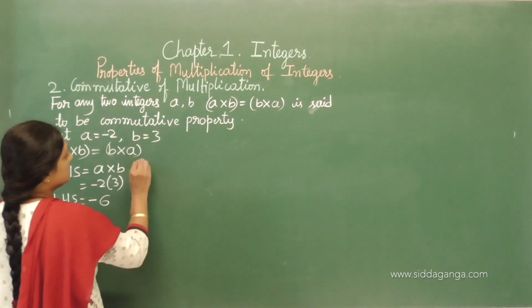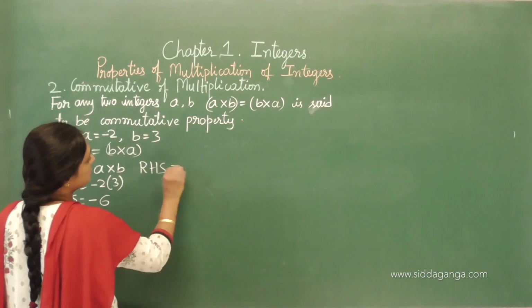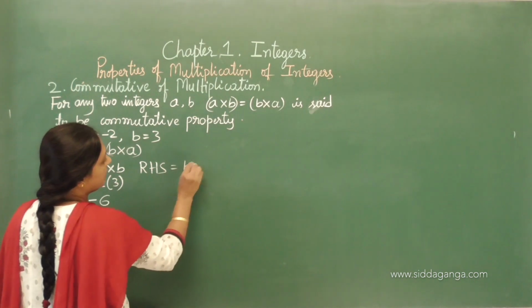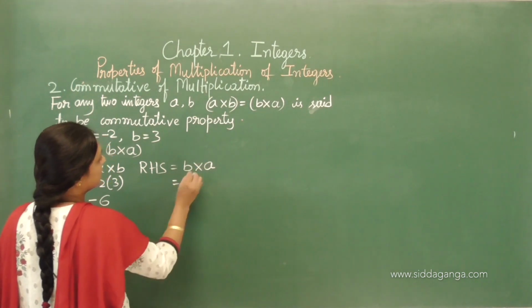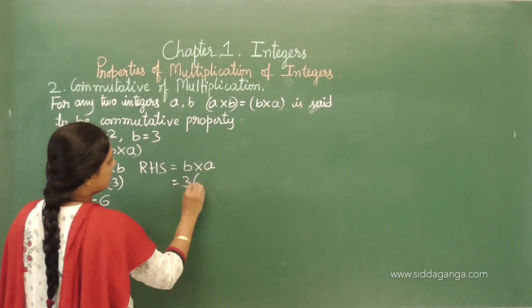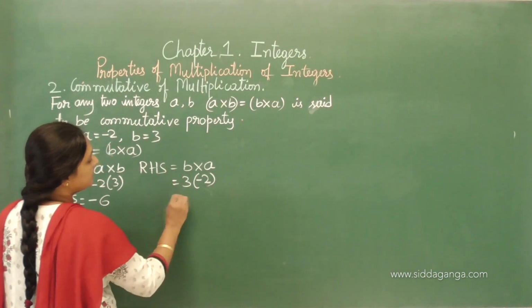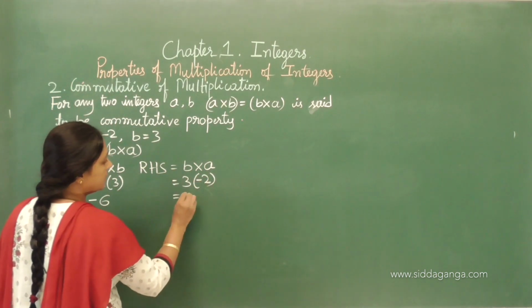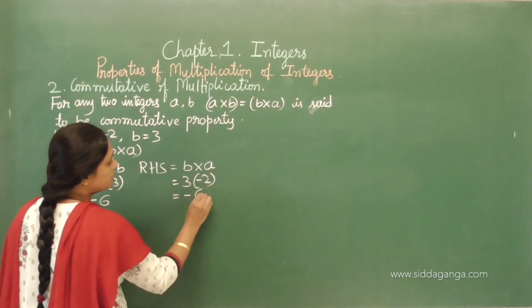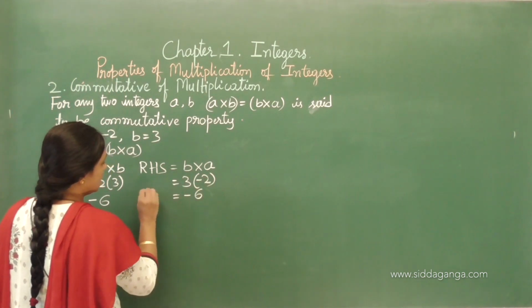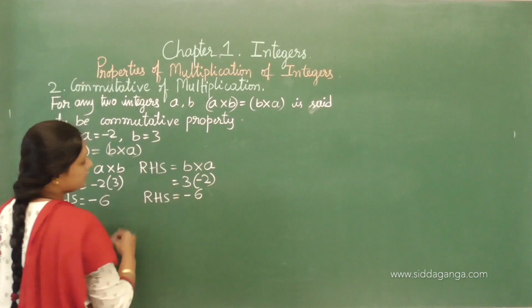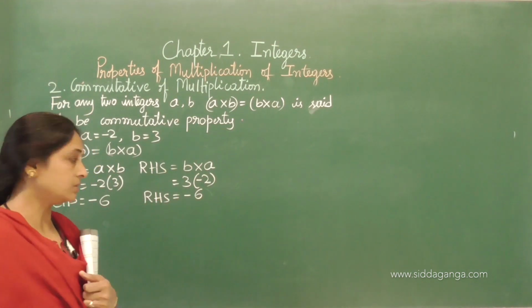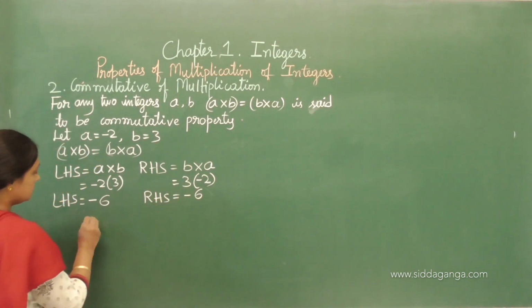Okay, consider RHS. RHS is equal to b into a. What is b here? It's 3 and a is -2. So plus into minus is minus, 3 2s are 6. Okay, RHS is -6.